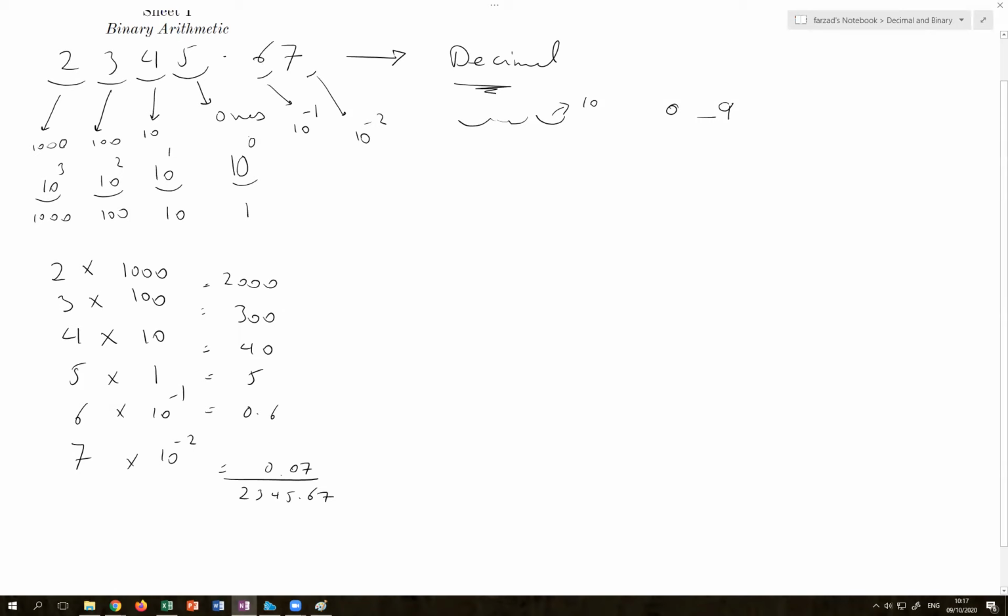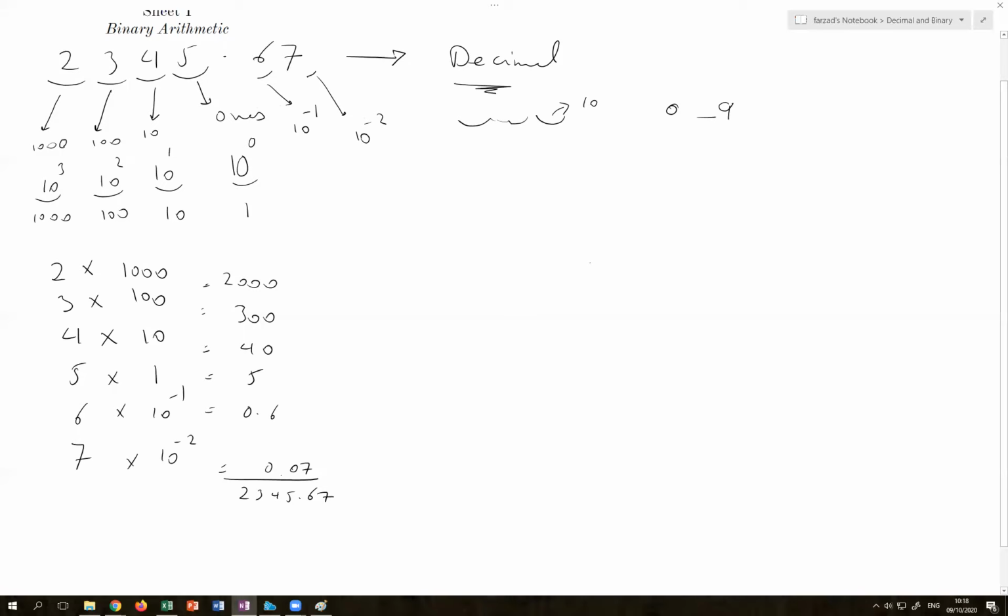Here is 10 to the power 0, 10 to the power 1, 10 to the power 2, and 10 to the power 3, which is a decimal number because we've got 10 numbers, 0 till 9. So this is how we can use this decimal system to show the numbers.